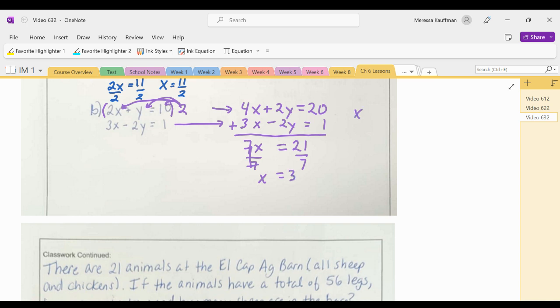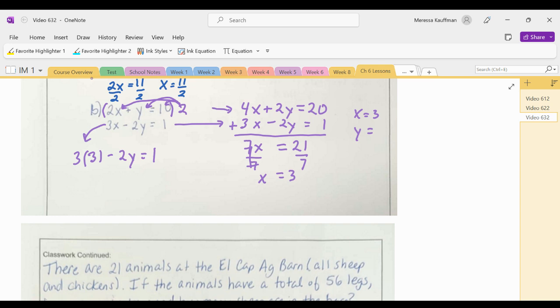And remember, I'm not done yet. I need to find that y value, so I'm going to pick this bottom equation. Again, it is student's choice. You can pick either equation. I just picked the one that looks the easiest. So remember, I know what x is, so 3 times 3 minus 2y is equal to 1.